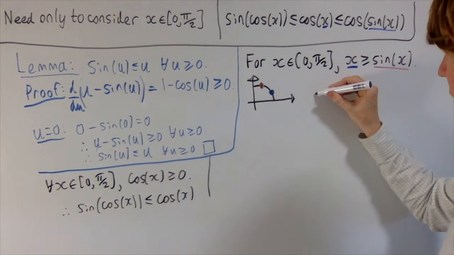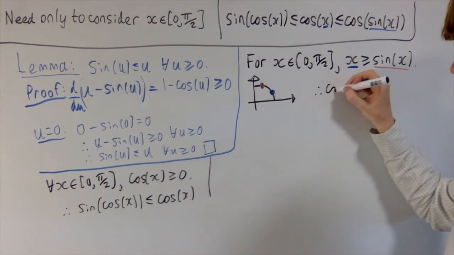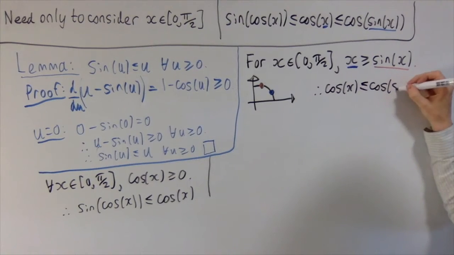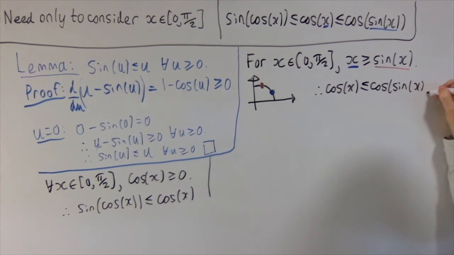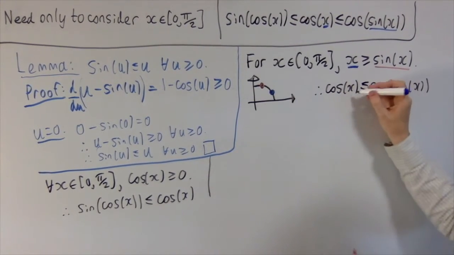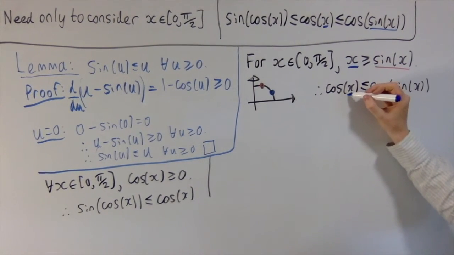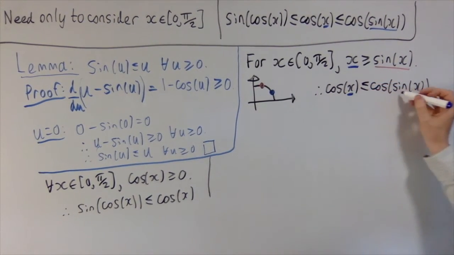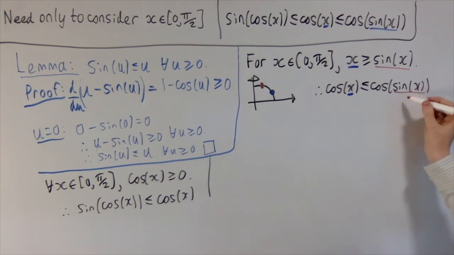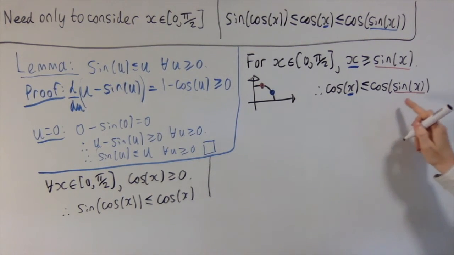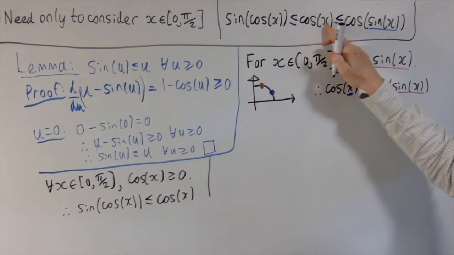So this actually implies that cos of x is less than or equal to cos of sine of x, because cos is decreasing. So you put in your small input, you put in your large input, and you get a small output, and here you're putting in the small input, you're getting the large output there. So we've concluded that cos of x is actually less than or equal to cos of sine of x in this region.